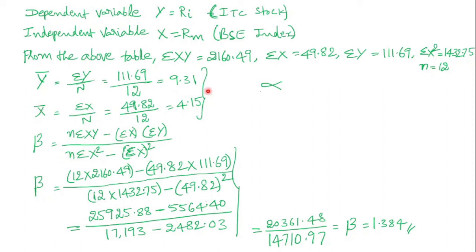After getting all these values, we have to write down the formula for beta under the regression model. Beta is equal to n into sigma xy minus sigma x into sigma y, divided by n into sigma x square minus sigma x whole square. Now we have to use these values in this formula.